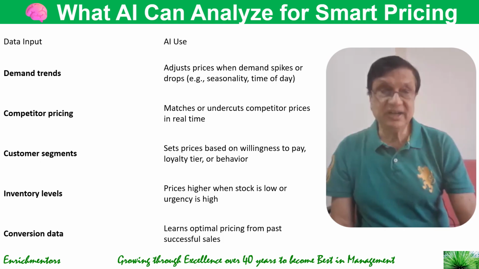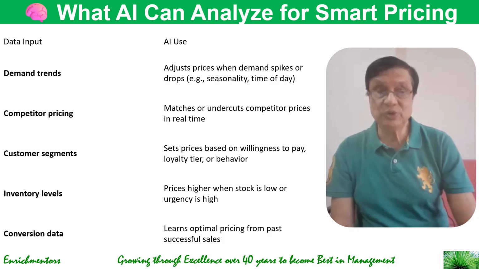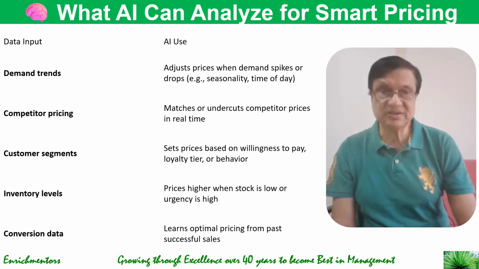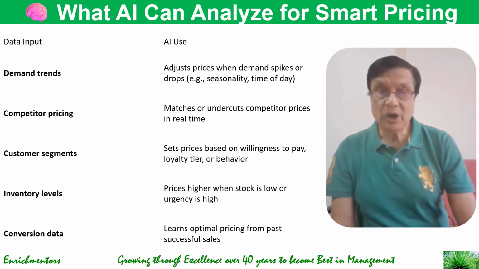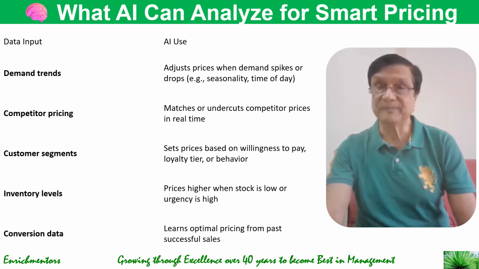It takes data on customer segments and sets prices based on their willingness to pay, loyalty, and behavior. It also takes into account inventory level, pricing higher when the stocks are low and urgency is high. And finally, it takes customer conversion data to learn optimal pricing from past successful sales. So these are the various data that AI uses to analyze for smart pricing.